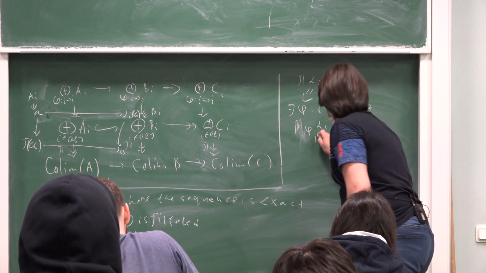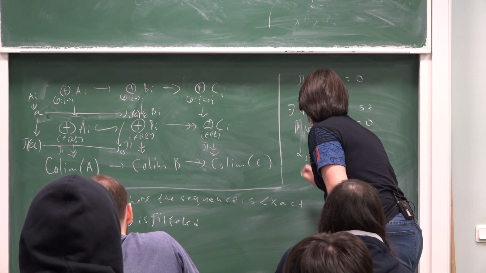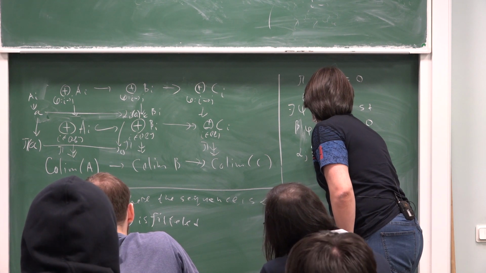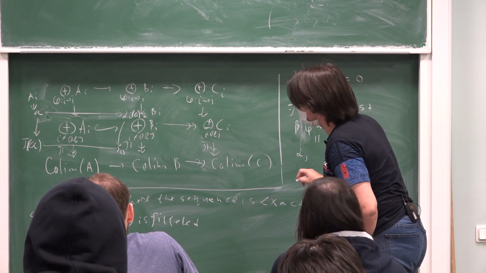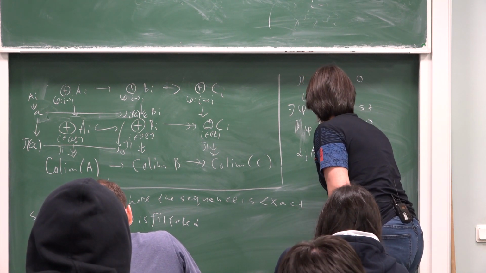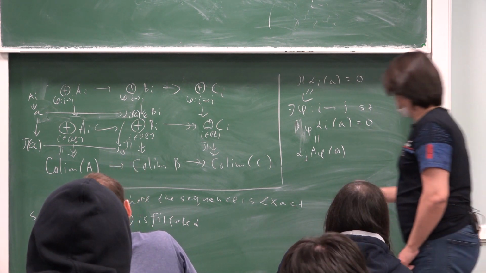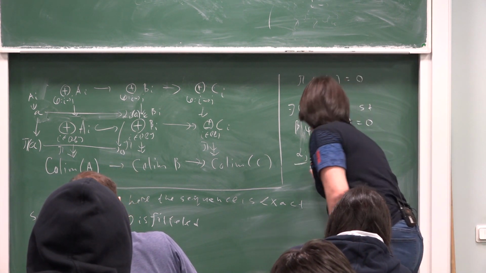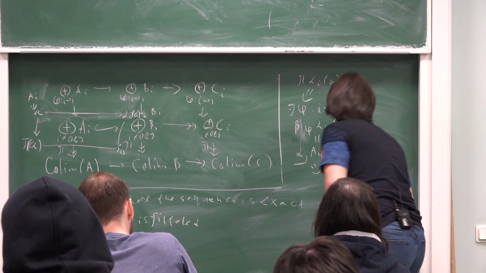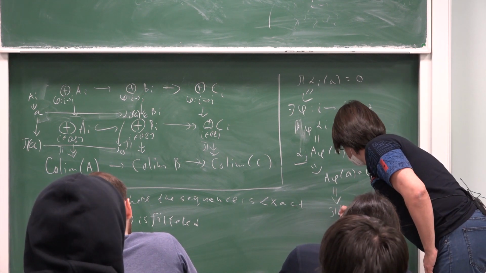So in fact, the same thing is alpha j A phi of a. And since alpha j is mono, we have A phi of a is 0, and hence pi of a is 0.